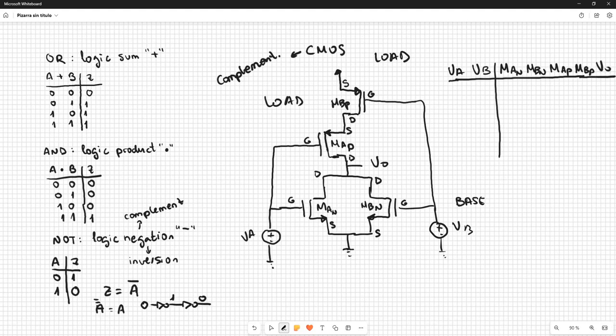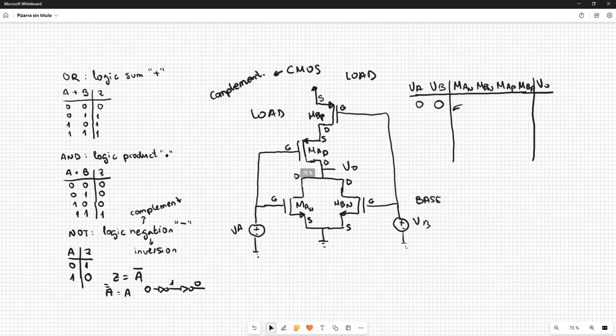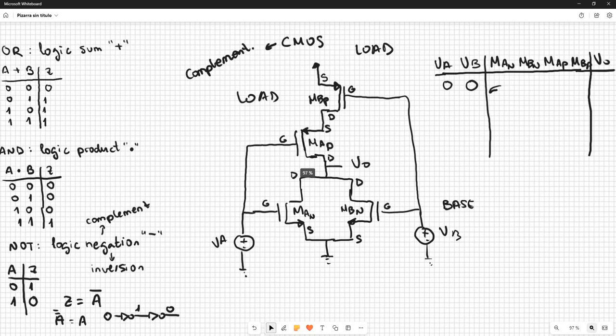And the output. So we are going to analyze all the combinations we have. So in the first case, both transistors in the base have a 0.